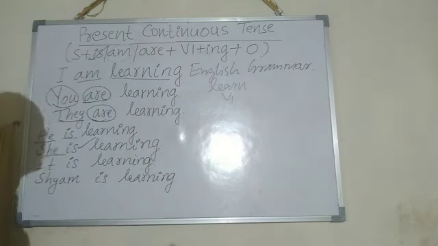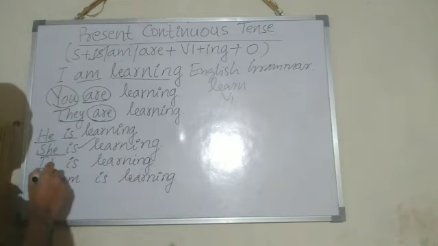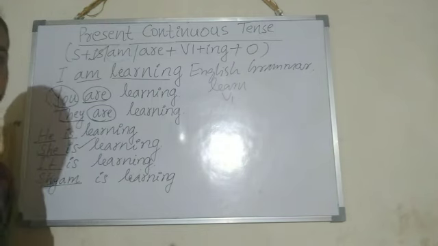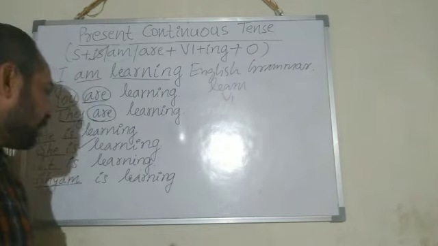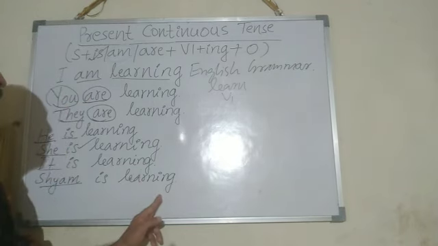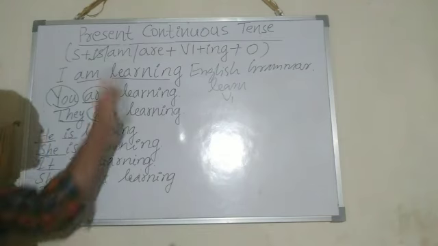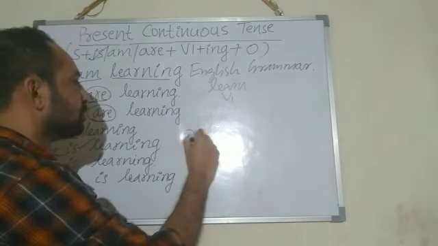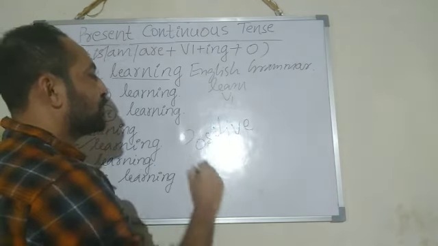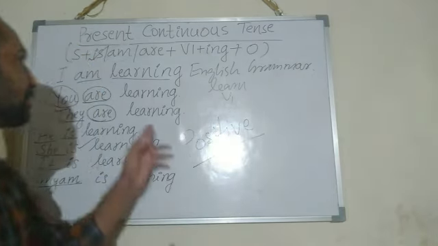Auxiliary verb means supporting verb, right? It is learning. It is also a singular subject. Shyam, that is a name, name of a person, that is singular. Shyam is learning, right? So these are all positive sentences.